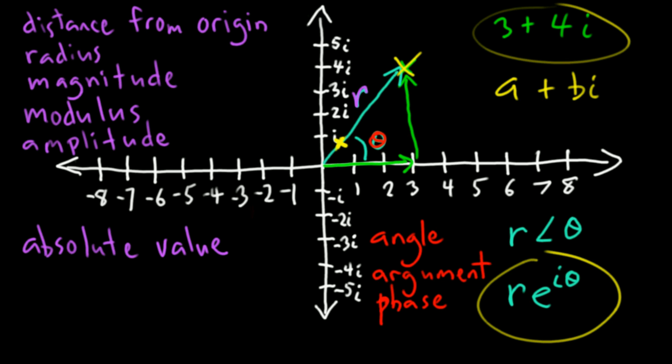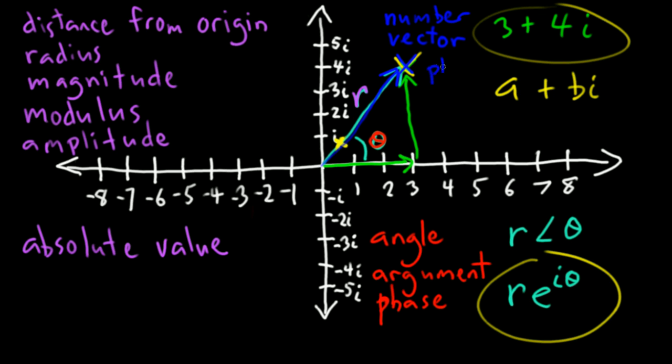And we even have multiple words for a number itself. Now, I call this number, this point, I just call it a number or a complex number, but sometimes I might call it a vector because I'm specifically thinking of it as this vector that points from the origin to that point.